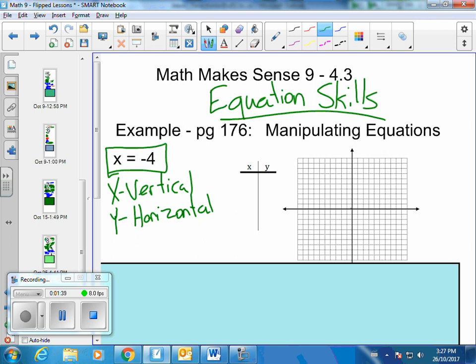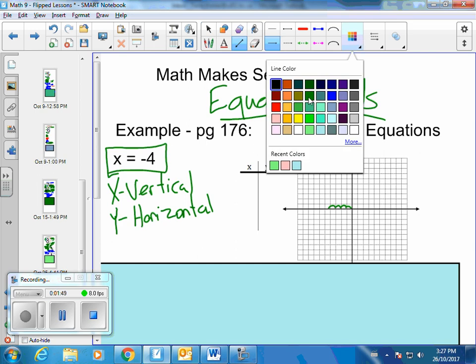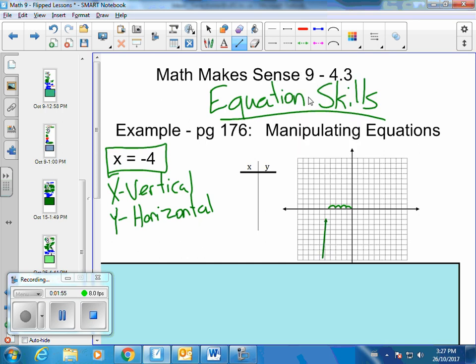I count backwards 4: 1, 2, 3, 4. I don't have any y value, so that means this is actually a vertical line that goes all the way from the bottom to the top.